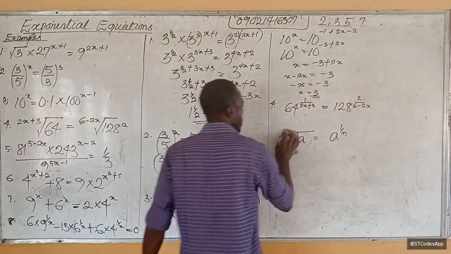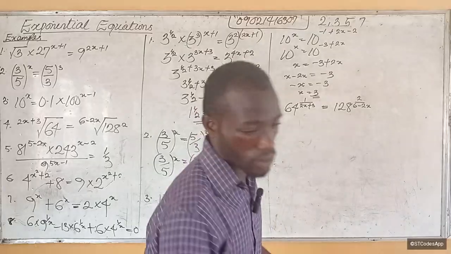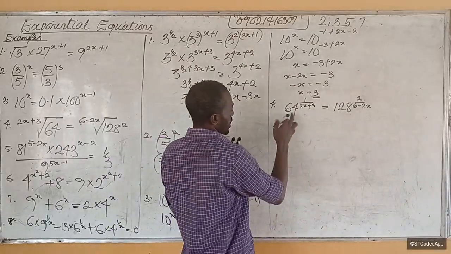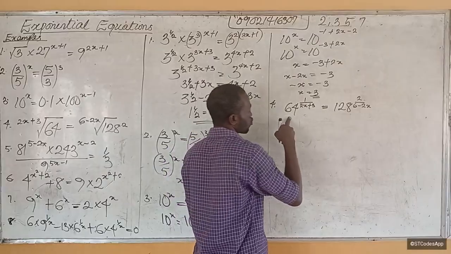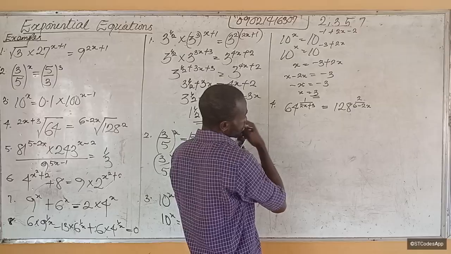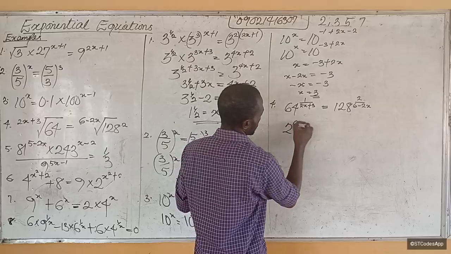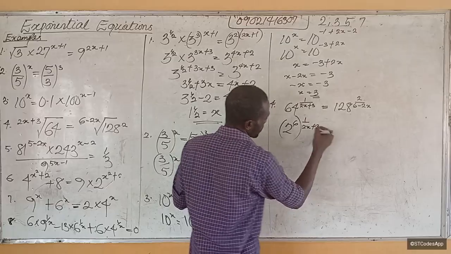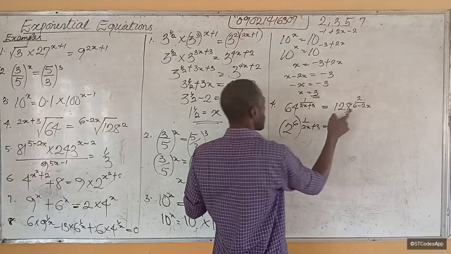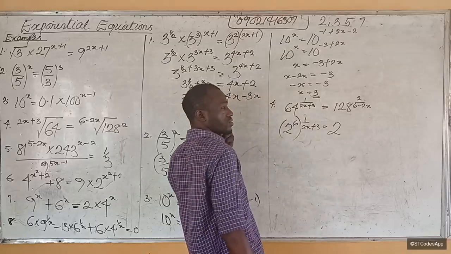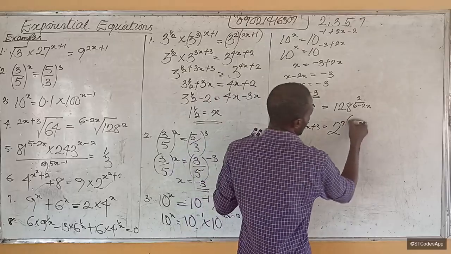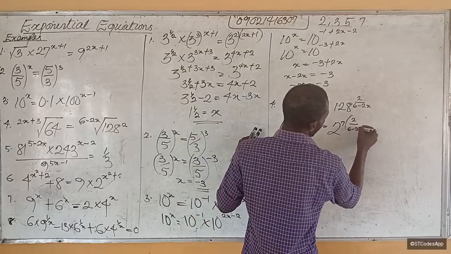So from here, I can now go on to saying that I can express this in terms of 2 if I want. So 2 raised to power what to give me 64? 2 raised to power 6, all raised to power 1 over 2x plus 3. Then that is equal to 2 raised to power what to give me this 64 times 2, that's 128, that's 2 raised to power 7 into bracket 2 over 6 minus 2x.